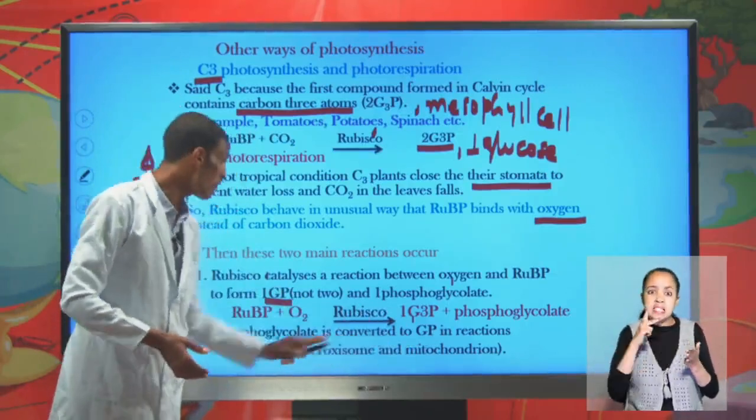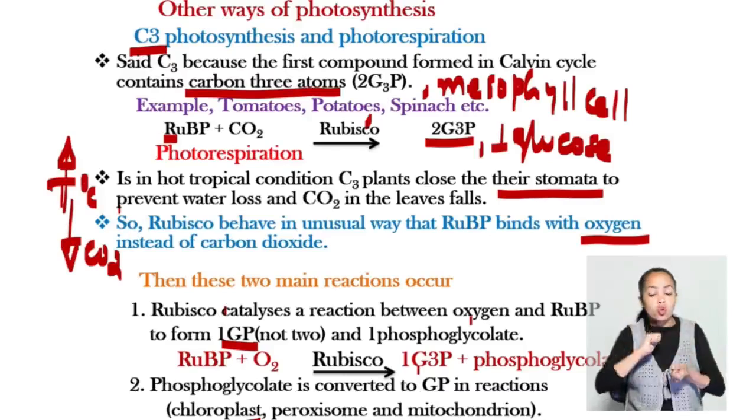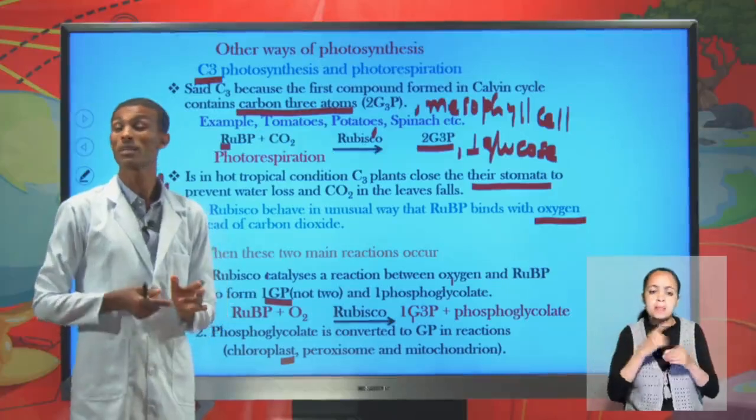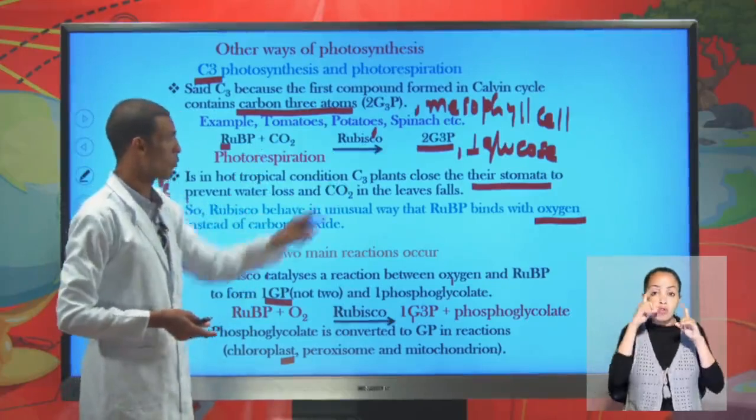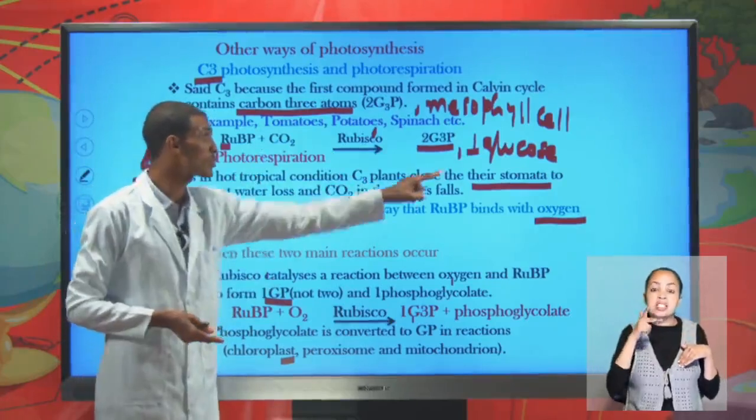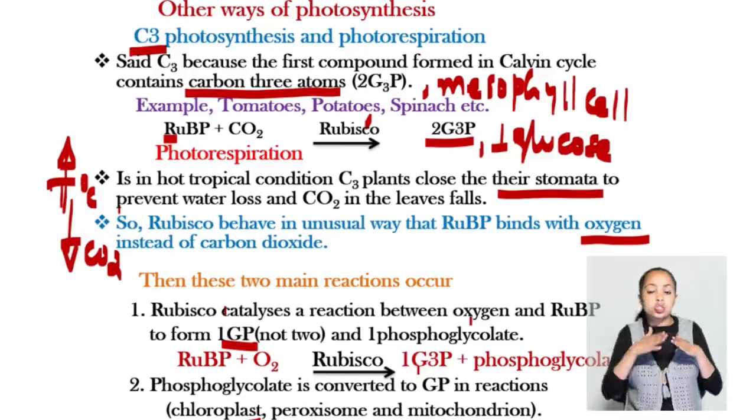These three organelles are very important in conversion of phosphoglycolate into glycerate-3-phosphate. These are the two main reactions that take place in photorespiration when C3 plants close their stomata during hot conditions. Well done.